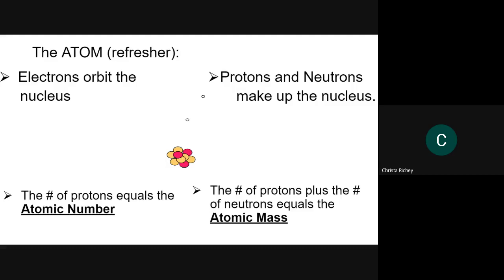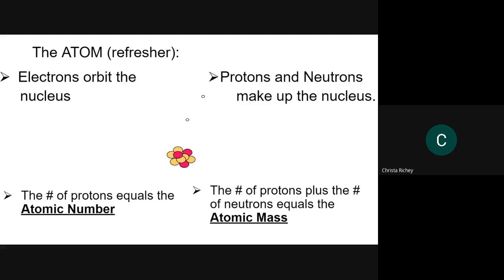If you took an atom and blew it up to the size of a basketball and put it on the 50-yard line inside a professional stadium like Cowboy Stadium, the first electrons wouldn't be out until the nosebleed seats, way outside. That much of the atom is space. The electrons go around the outside, and your protons and your neutrons are inside.